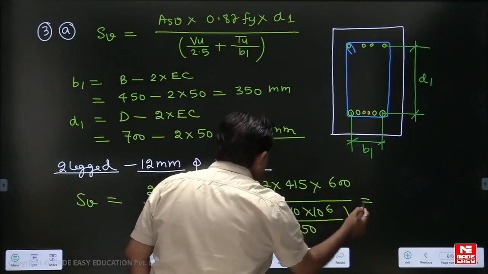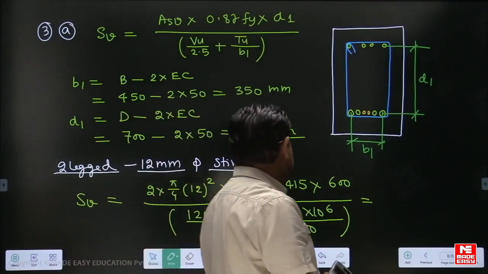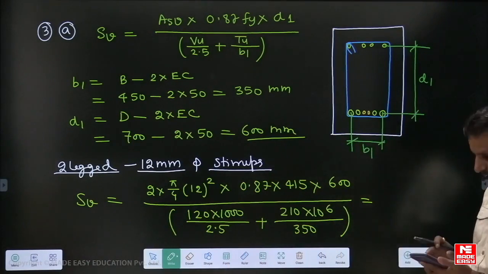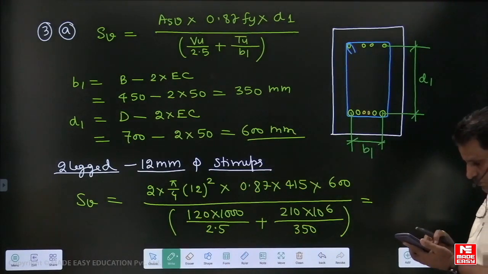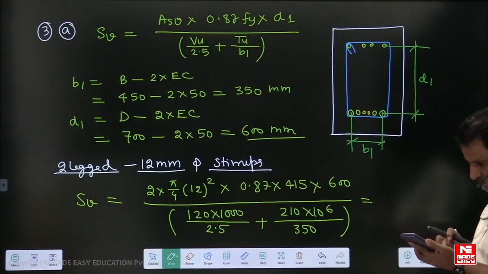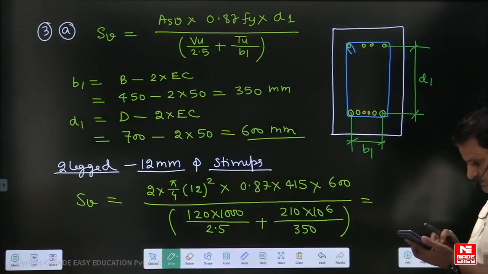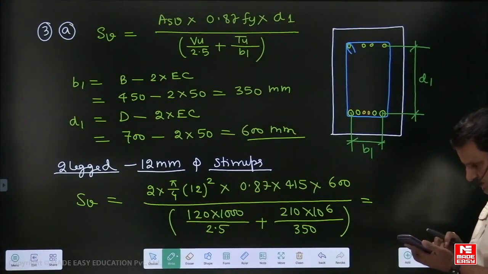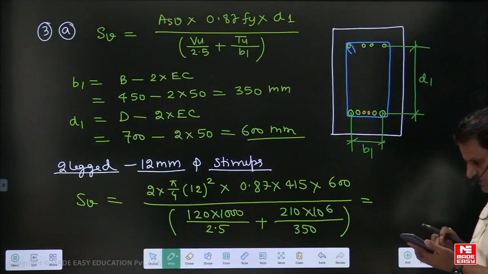So let's calculate the first value of spacing for design of shear reinforcement. 2 into pi by 4 into 12 square into 0.87 into 415 into 600 by the bracket 120 exponential 3 upon 2.5 plus 210 exponential 6 upon 350.